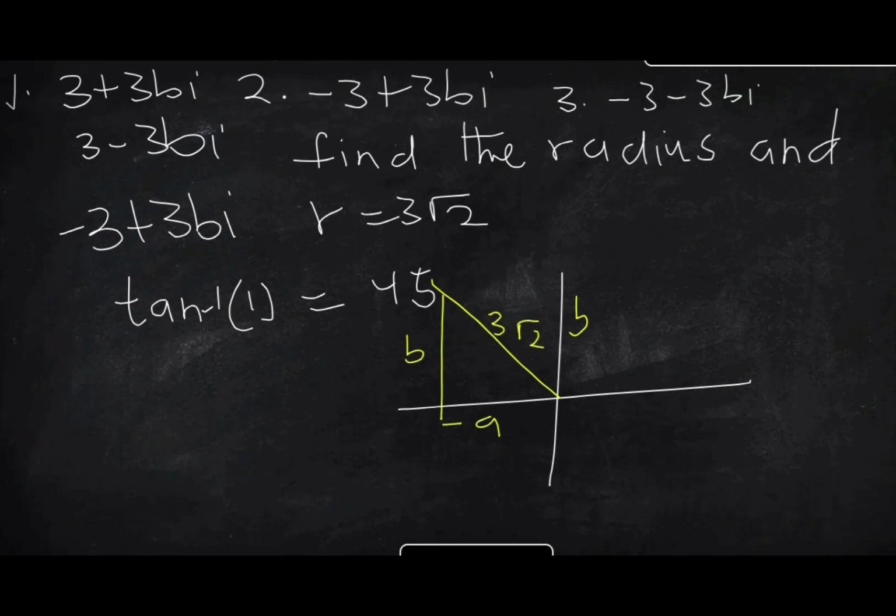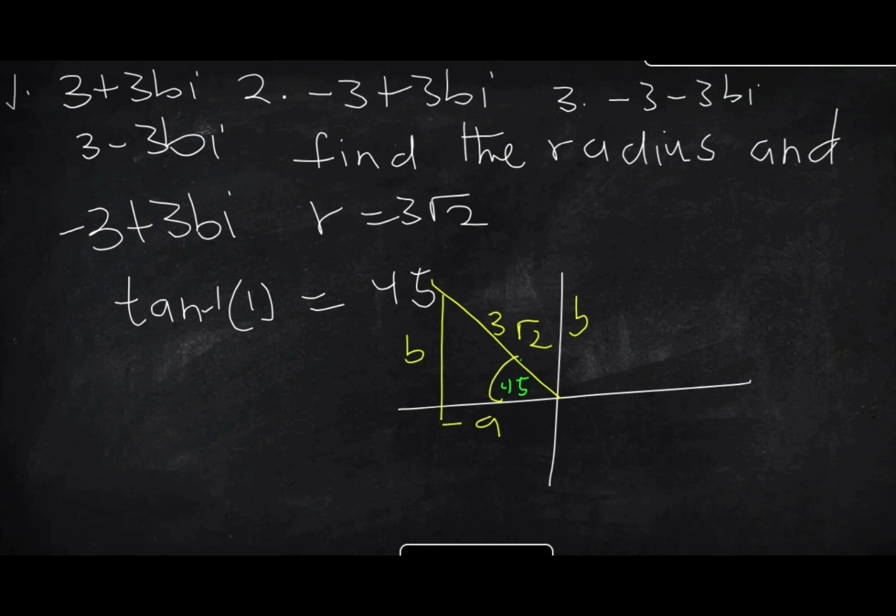Three root 2. So here is 45. Here is 45.